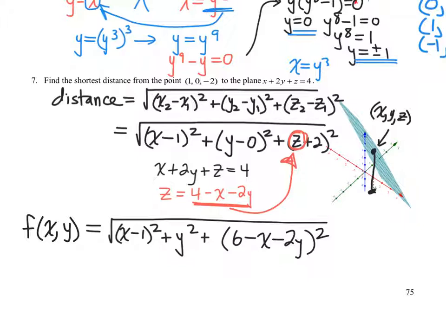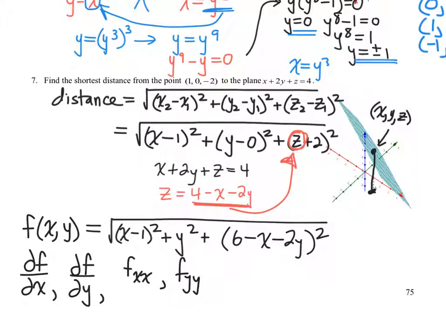And that's what I mean when I say I'm going to just get you started on this, because this is what you're going to find the partials of. You're going to find partial with respect to x, partial with respect to y. You'll need your second order partials and your mixed, and apply the second derivative test.